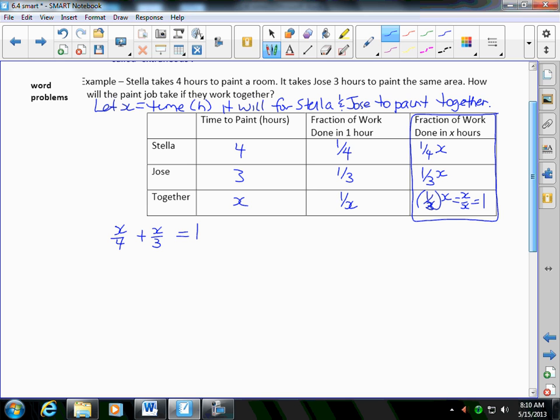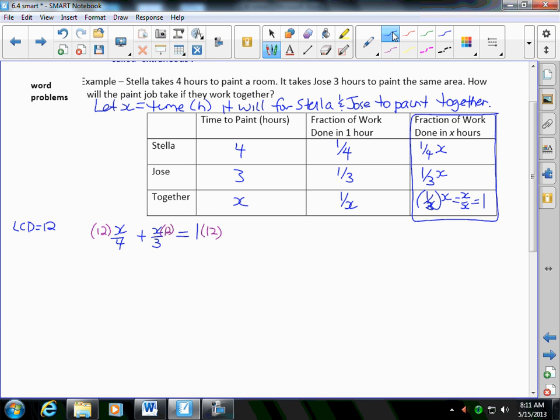Okay, so this is no different than the equations we were working on. There's no non-permissible values because we have no variables in the bottom. We have a 4 and a 3, so our lowest common denominator is going to be 12. So what that means is I multiply each one of these by 12. So I multiply this by 12, I multiply this side by 12, and I multiply this by 12.